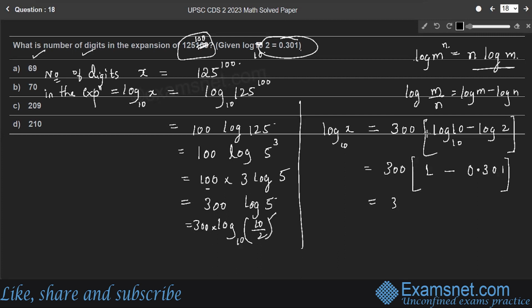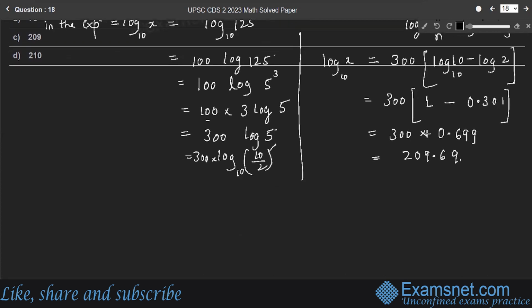Therefore, we have 300 into 1 minus 0.301, which is 0.699. Therefore, we have 300 into 0.699 as 209.69.